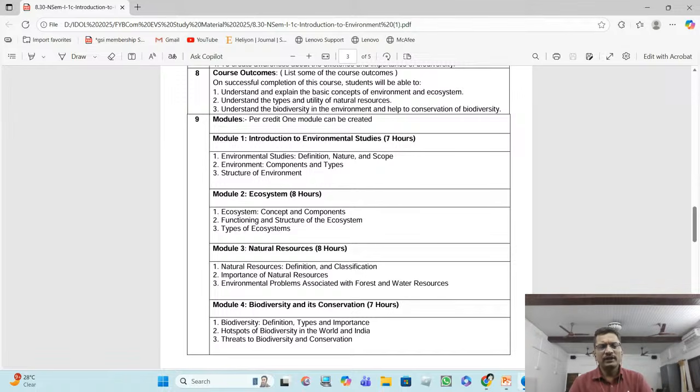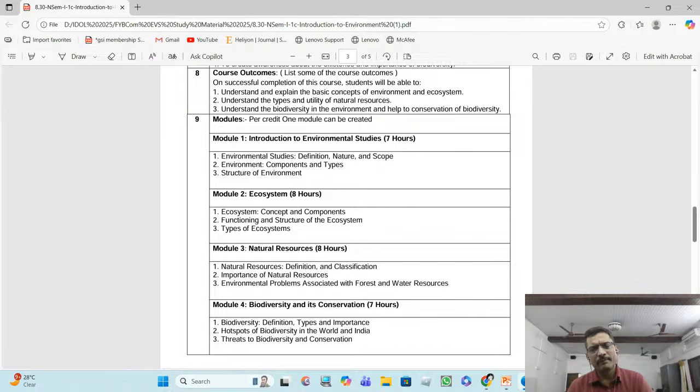The third point, in the third module, is associated with different environmental problems caused by unwise or irrational utilization of resources, with reference to forest and water resources. We'll be talking about the facts about forest resources in the world and the important environmental problems associated with exploitation of forests.